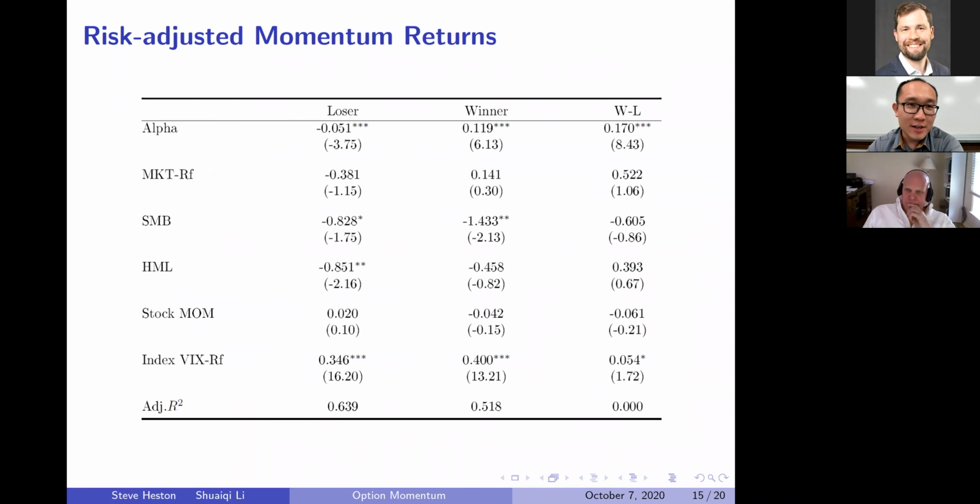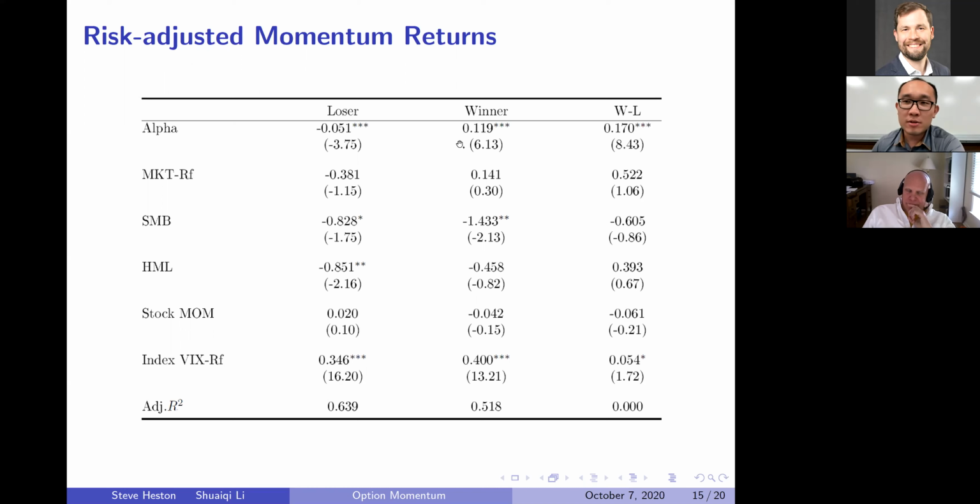But based on the risk-adjusted return of the loser and winner portfolios, it seems that there is an anomaly on both legs, right? And most of the profits come from winners.